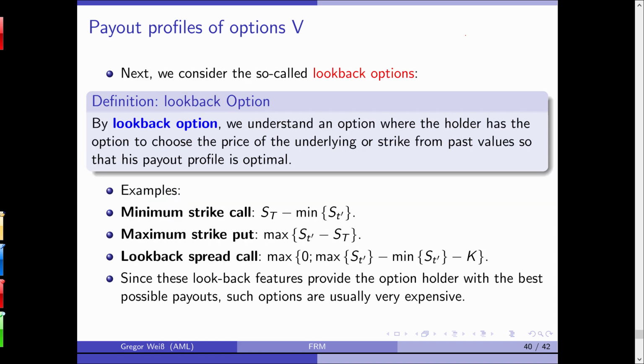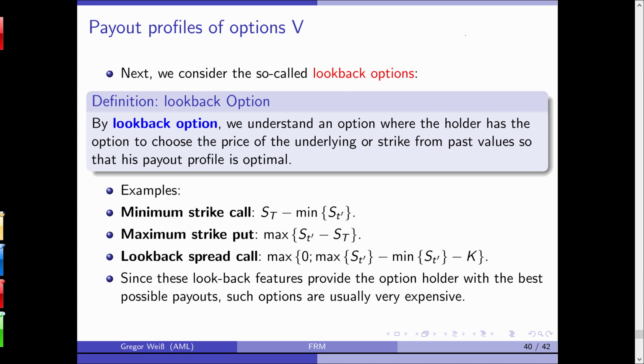What is a look-back option? A look-back option is an option in which the holder has the option to choose the price of the underlying or strike from past values so that its payout profile is optimal. It works pretty much like power calls. So a minimum strike call is ST minus the minimum strike price you've seen over the whole period of time.